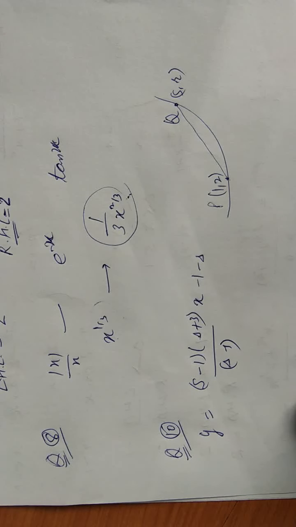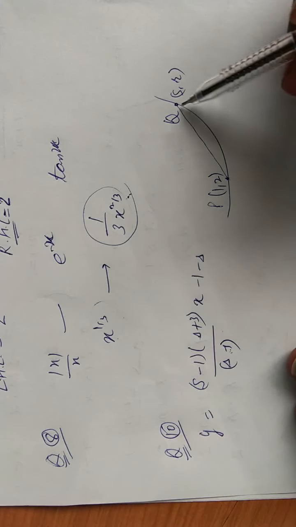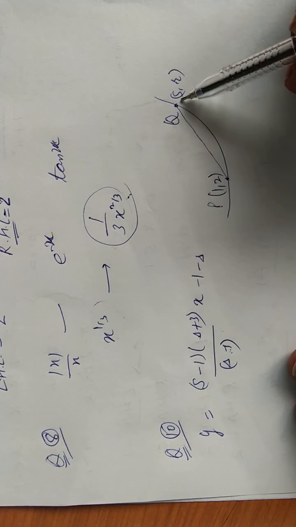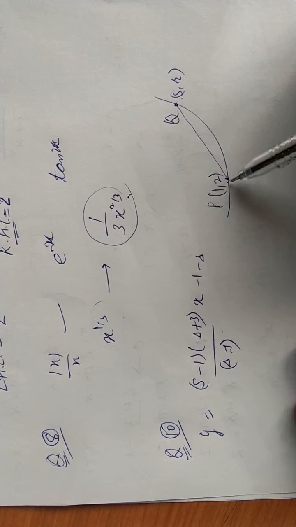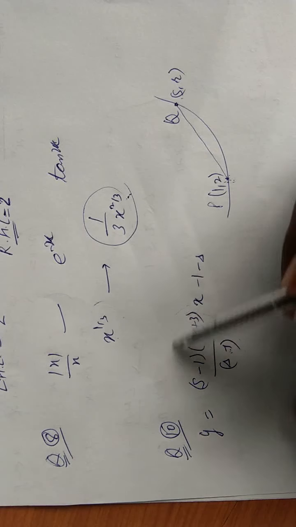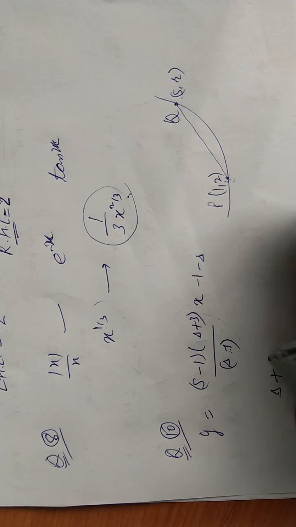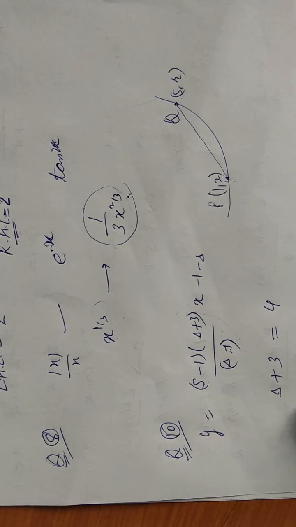Okay, and when s tends to 1, this point will coincide with this, and the slope of PQ would give us the slope of the tangent at P. So when s tends to 1, the slope of the tangent at P would be equal to s plus 3, which is equal to 4, and which is equal to f dash. Okay, moving to the next question.